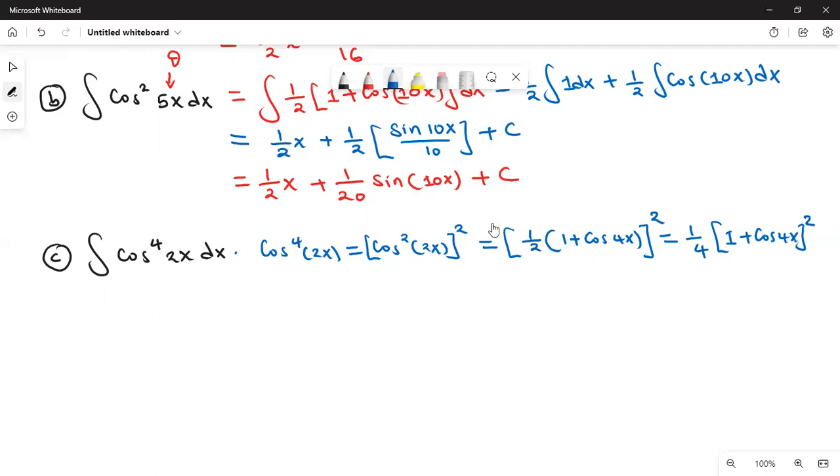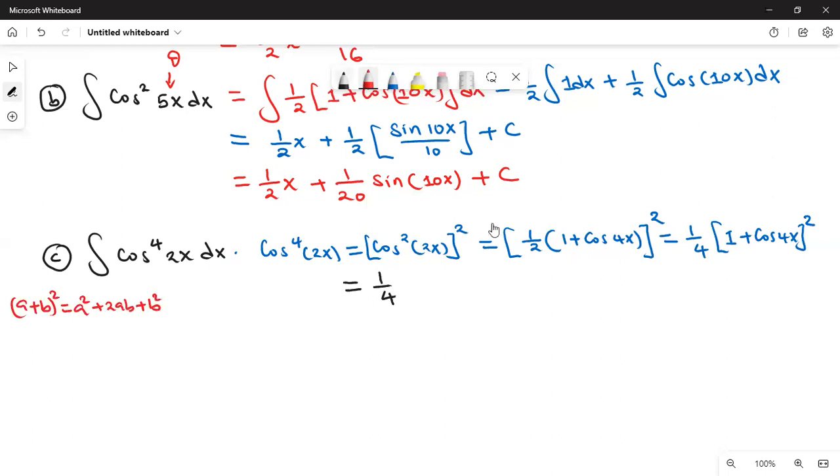So when we square this, what are we going to get? It will be 1 over 4. Remember a plus b squared is the same as a squared plus 2ab plus b squared.